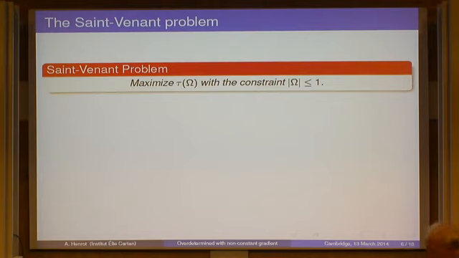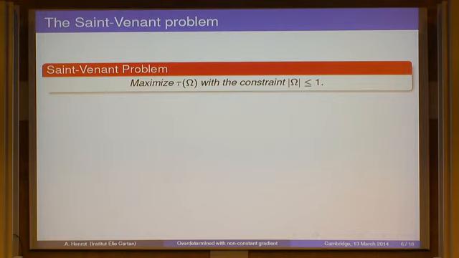If you look at the simple elasticity model, the torsion represents precisely the torsional rigidity of a bar of section omega, and the question was, for a given bar, what is the shape of the section which gives the best torsional rigidity? This was the motivation of Saint-Venant in the 19th century when he asked this question.